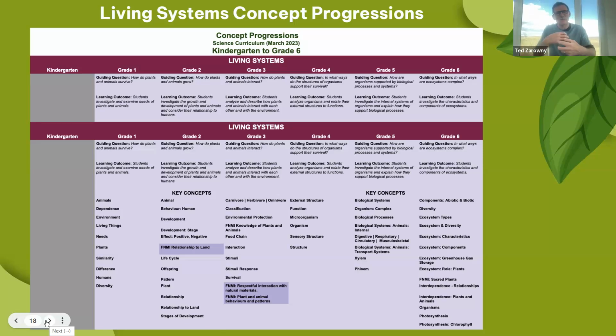In grade 2, we move into what living plants and animals need as they go through the life cycle. In grade 3, we move into food chains. In grade 4, we start taking a look at the external structures of plants and animals. And in grade 5, we're now taking a look more at the internal structures of plants and animals, all related to growth, all related to survival.